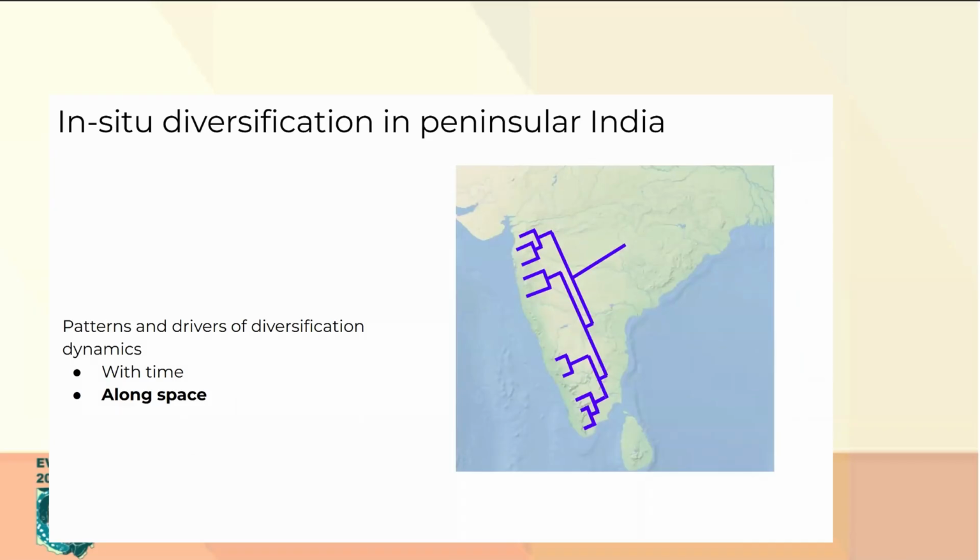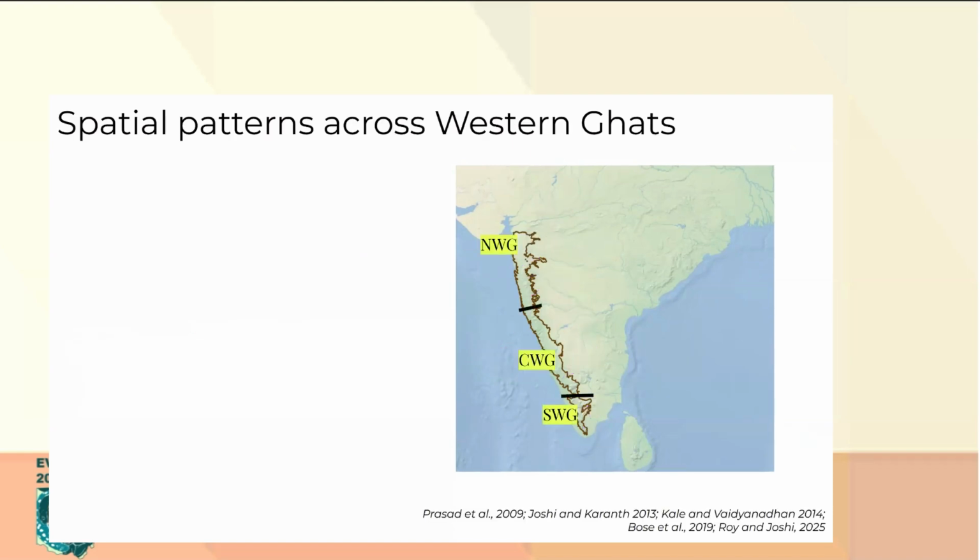Right? So this was all about the patterns across taxa and across time. Now, coming to understanding the patterns across space, we are going to restrict our focus to the Western Ghats for this part of the talk. We know that the Western Ghats can be subdivided into the Northern, Central, and Southern Western Ghats based on the vegetation type as well as the climate.